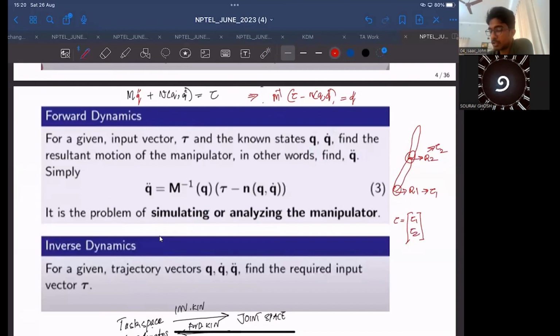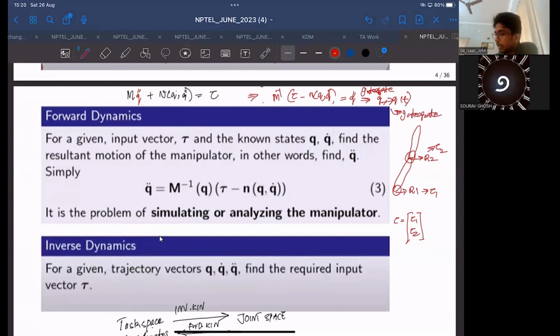And you can use some integration schemes to find q dot and q of t, by successive integration. Integrate, and then integrate again. From velocity, if you integrate, you will get position coordinates.